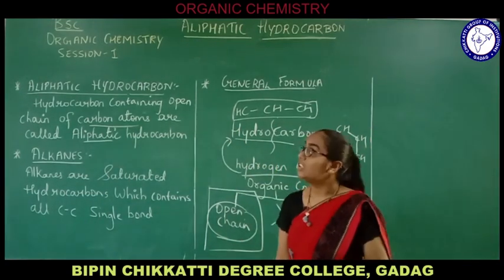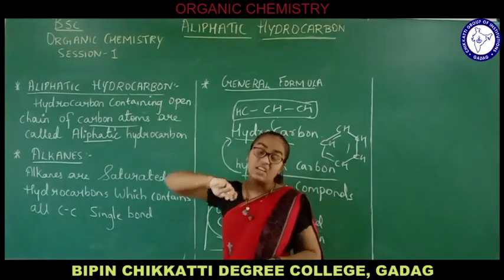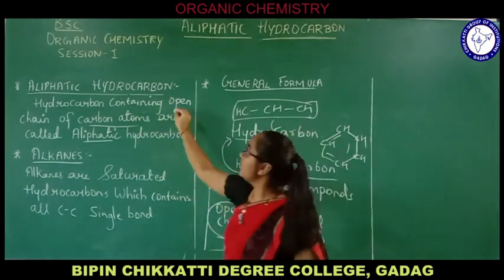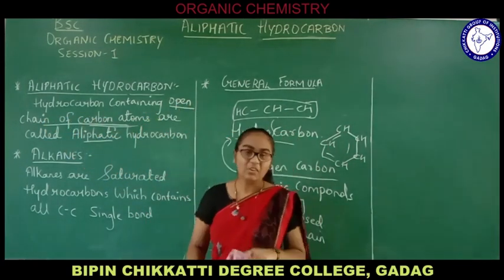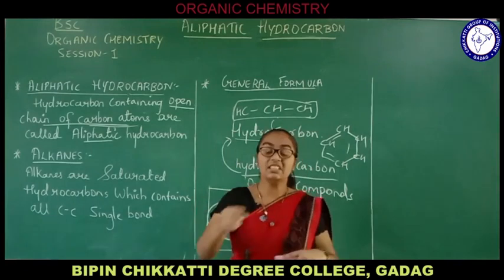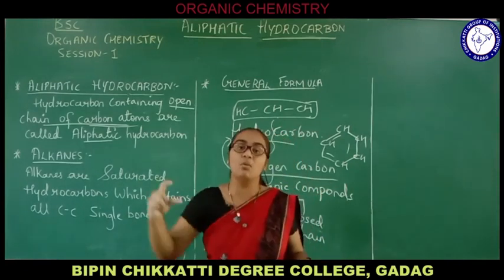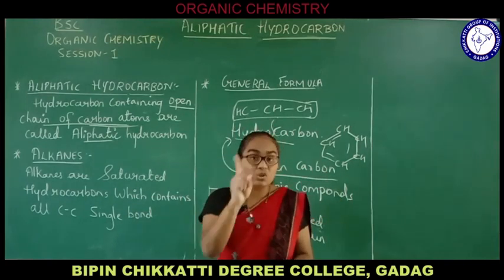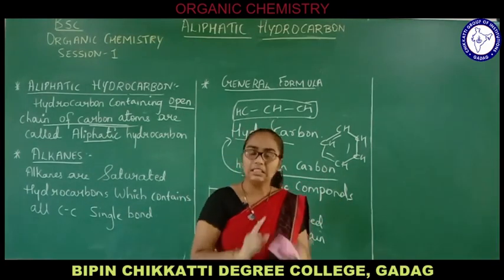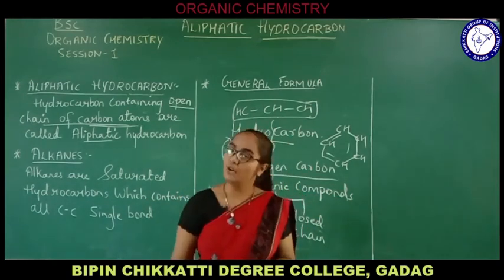Aliphatic hydrocarbons are those hydrocarbons which contain an open chain of carbon atoms. Here the carbon atoms will be present in the open chain, meaning the skeletal form of that molecule will be straight. It will not consist of any cyclic form or closed ring shaped form. It will have a simple open chain skeletal formation.